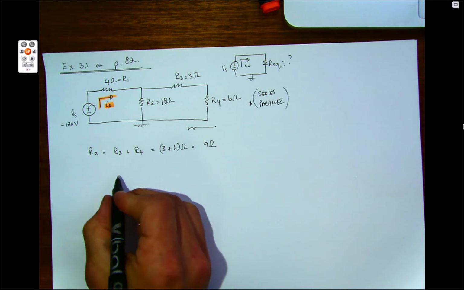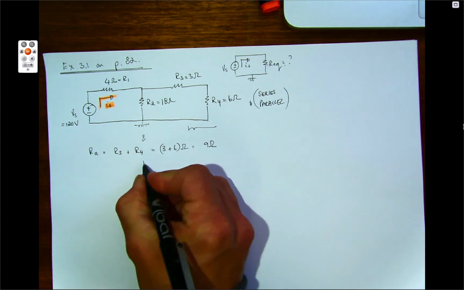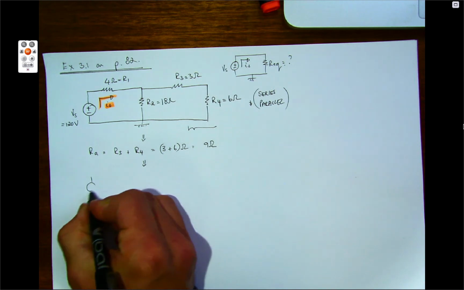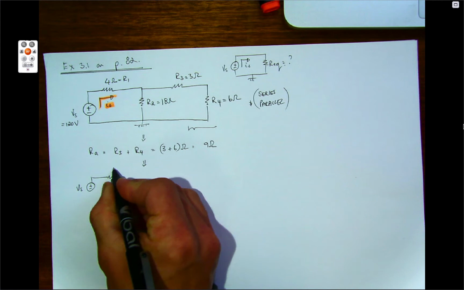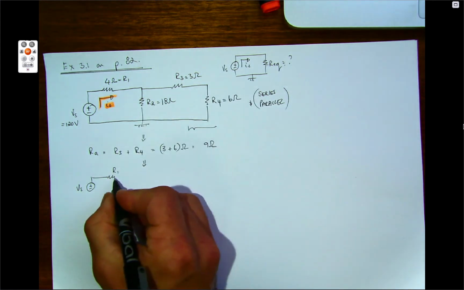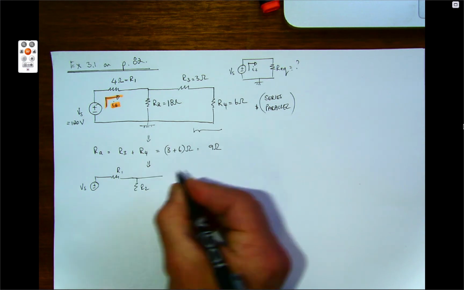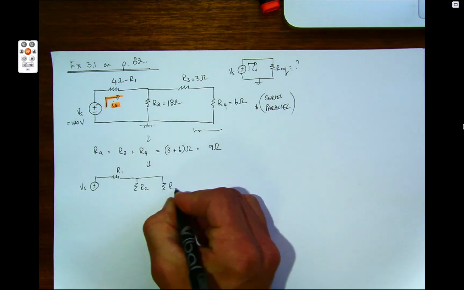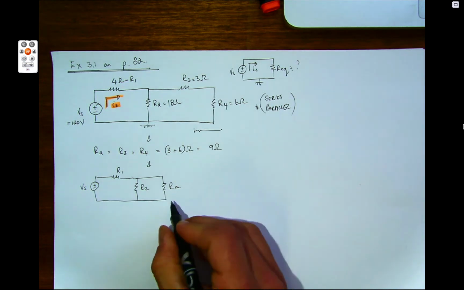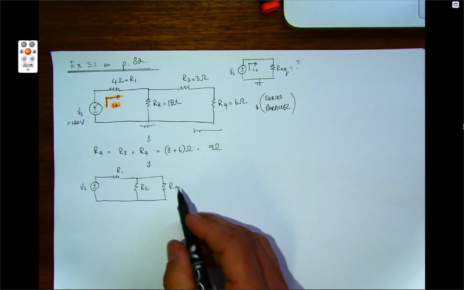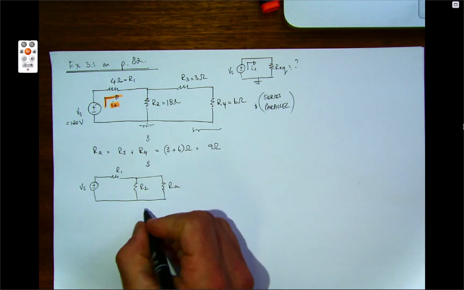Essentially, we have now reduced or simplified our circuit to look like this. I'm not going to add all the values. As you can see, this is R1, this is R2, and this is now RA, where I've just added 3 and 6 to make 9.